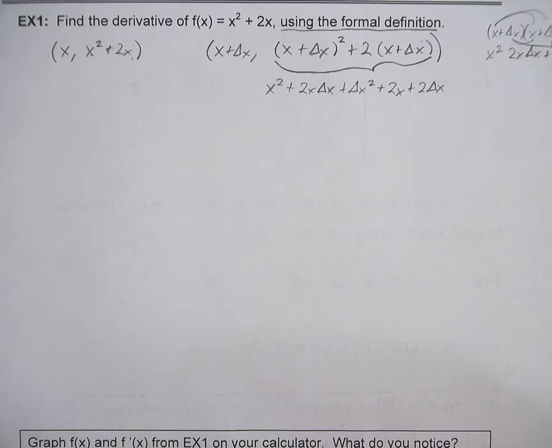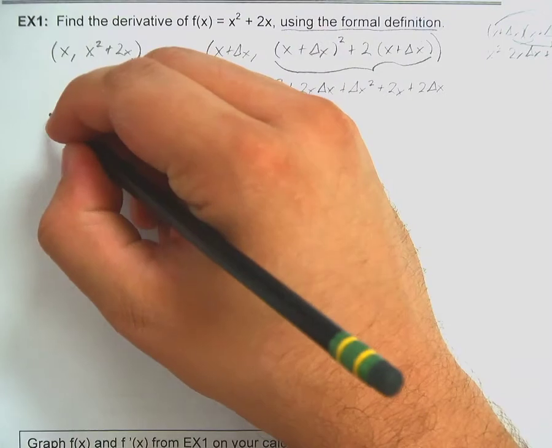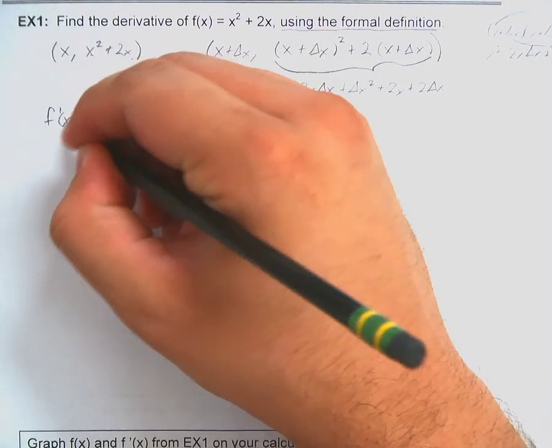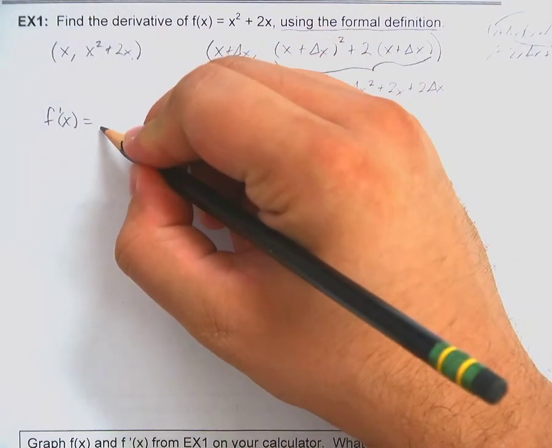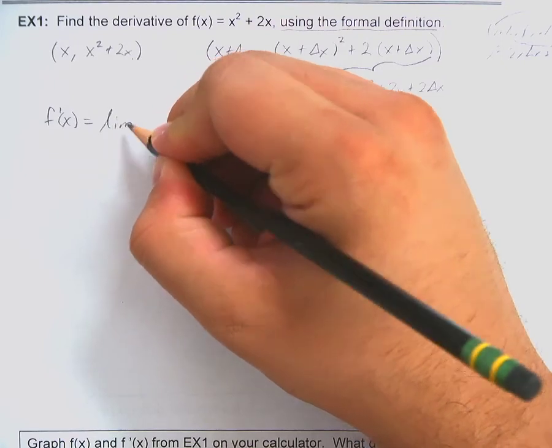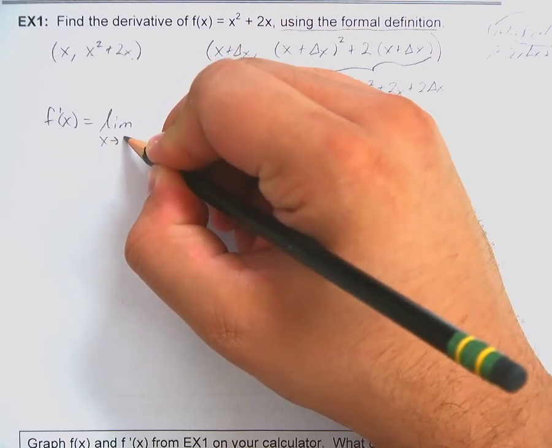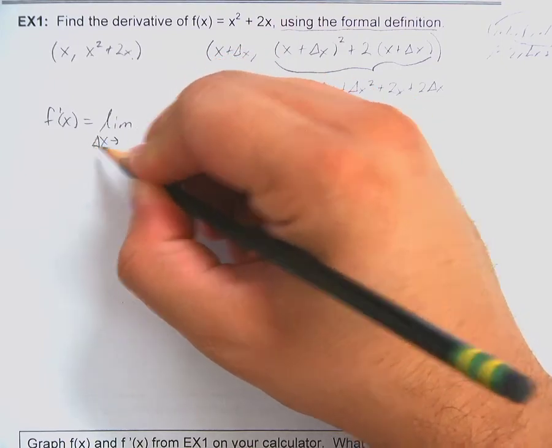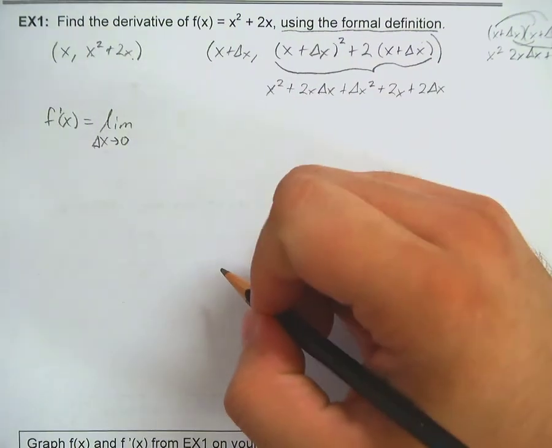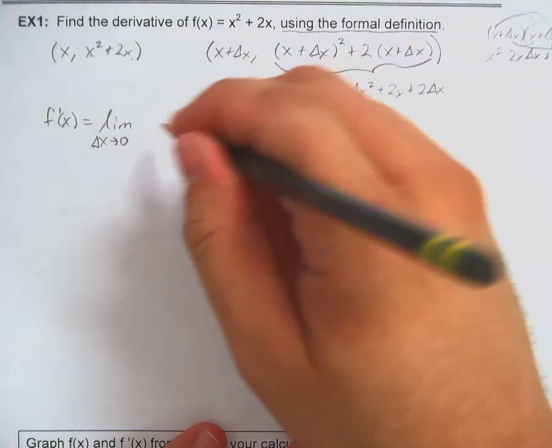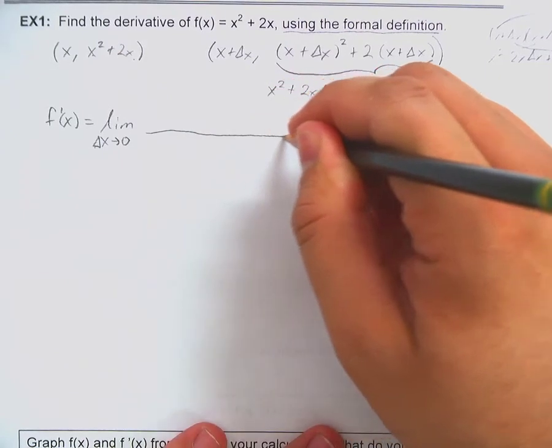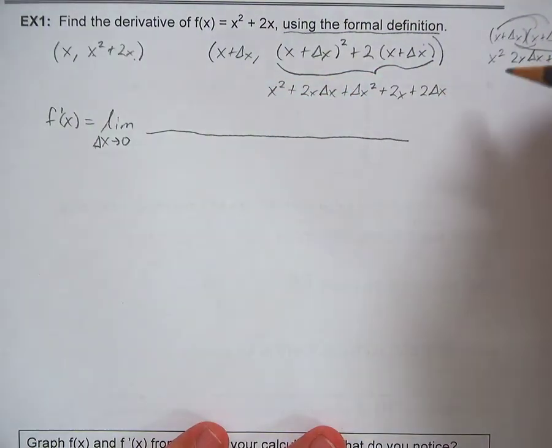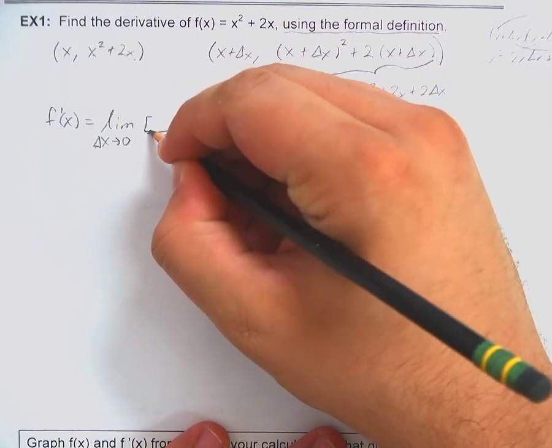So let's figure out what this is going to be then. F prime of x is equal to the limit as delta x goes to 0 of, it's going to be a pretty big one. Let me throw these in some brackets here.